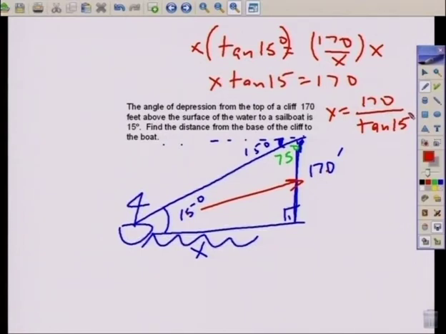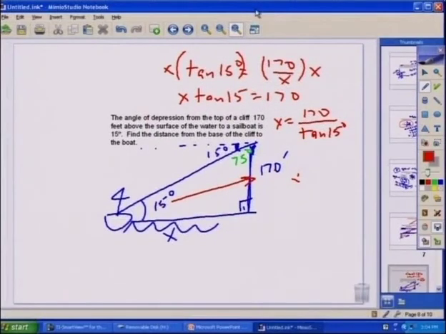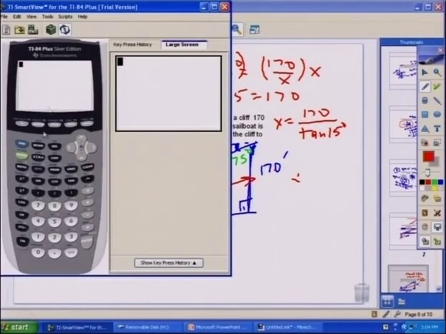And when I calculate that out, I should get a value. Let's head over here to the calculator. So 170 divided by tangent.